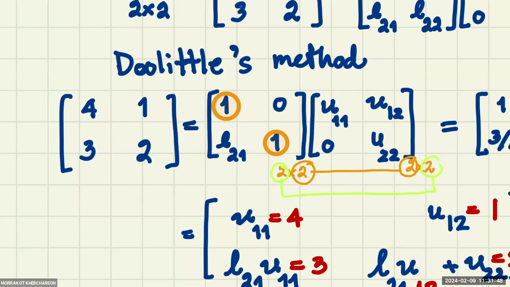Okay, it's okay too, but you make your life harder, right? And why not 0? Because if you make this 0, it doesn't work, because when you do multiplication, if you get 0 here, you cannot get anything, you get 0. So 1 is the good choice, okay?